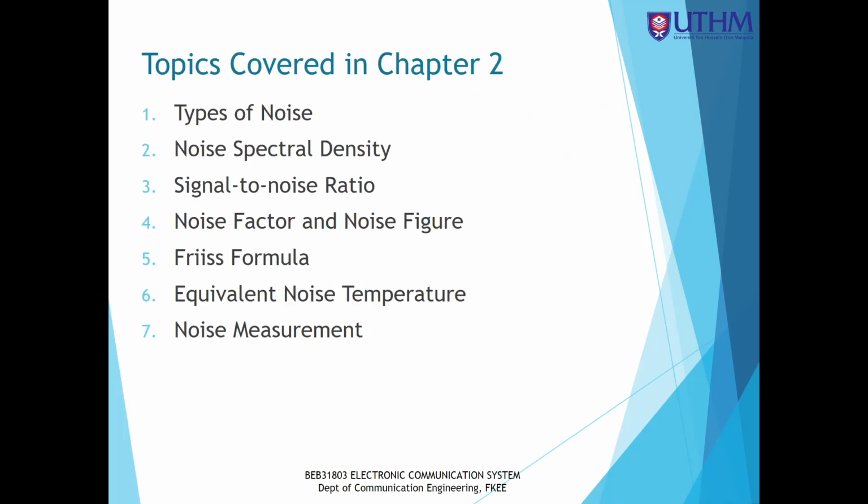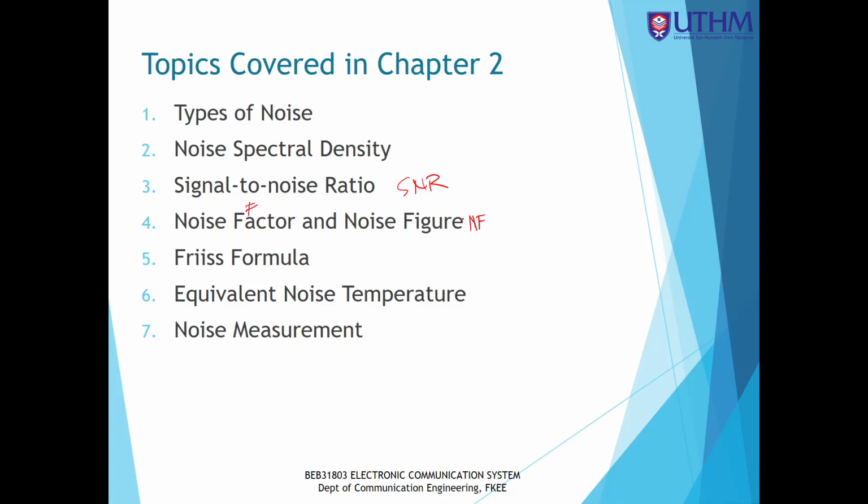Okay, this chapter covers up to 7 subtopics: type of noise, noise spectral density, signal to noise ratio, SNR, and then noise factor and noise figure. The noise factor parameter is F, and the noise figure is NF.